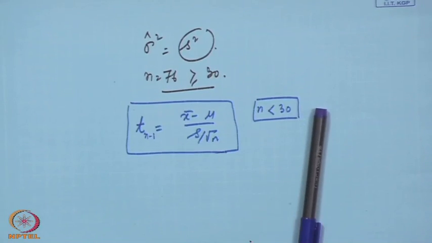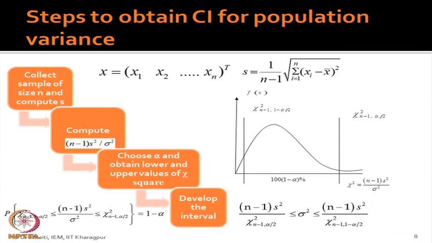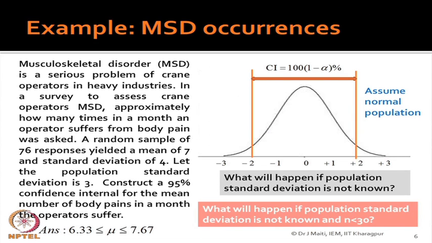So, let us see the T distribution. This one I have shown you. T distribution I have not kept here. So, you have to use T distribution. What is required then?